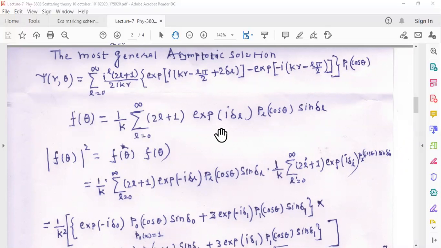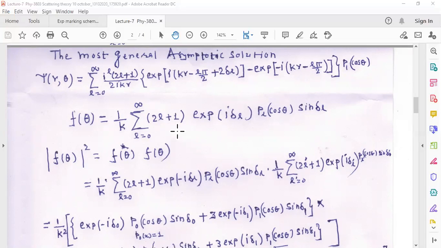This you please remember. It consists of the sum of the contribution of all partial waves: L equal to 0, which we refer to as the S wave, L equal to 1, referred to as the P wave, and so on.